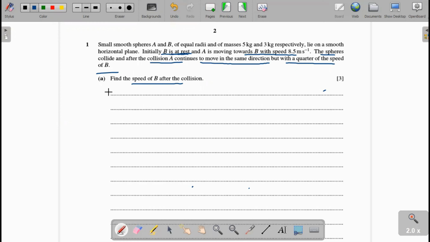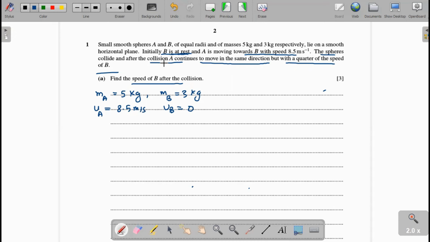The mass of ball A is 5 kg and the mass of ball B is 3 kg, and the speed of ball B is at rest, that is 0, and the speed of A is given as 8.5 meter per second. And this is the data before collision.